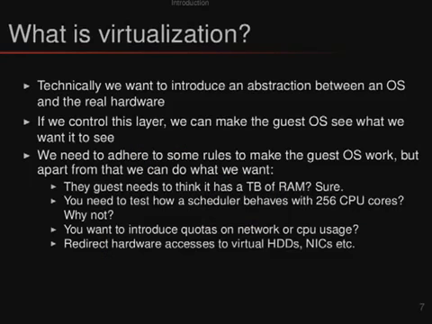Especially if you need special environments for testing. Did you ever ask yourself how you test a scheduler with 256 CPUs or memory management in an operating system kernel with 1 terabyte of RAM or something like that? You can, of course, tell the guest software, you have 256 cores, even if you don't have them in the real machine.